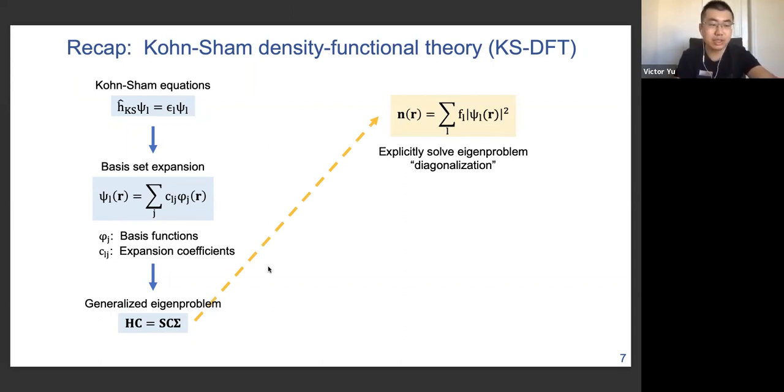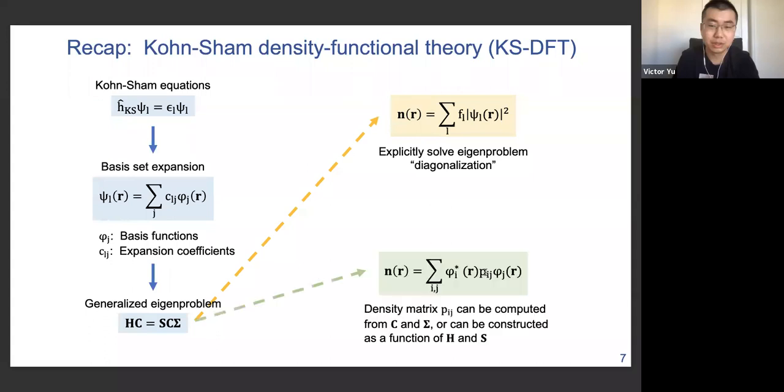The key quantity in DFT is the electron density, and there are at least two ways of computing the electron density. The first one is we sum up the occupied Kohn-Sham orbitals. And the second approach is based on the so-called density matrix.